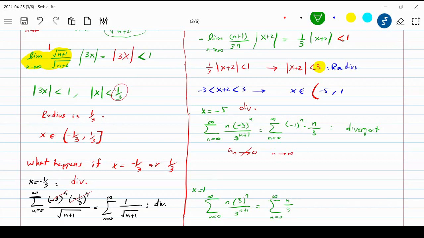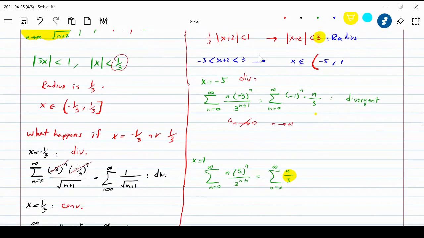Now, this is our a_n. This series is divergent since a_n, which is n over 3, approaches infinity as n approaches infinity. So we have a divergent series at this point as well.